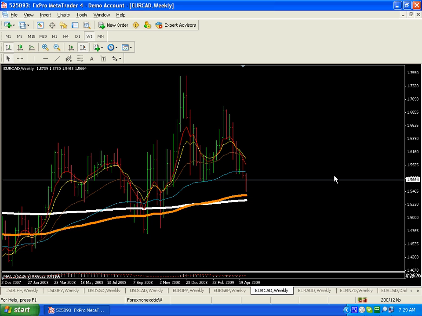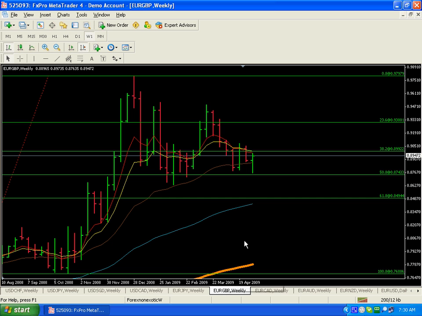The next bar we'd like to look at is also on the weekly. It's on Euro Pound, and we have a pin bar, not a big one.